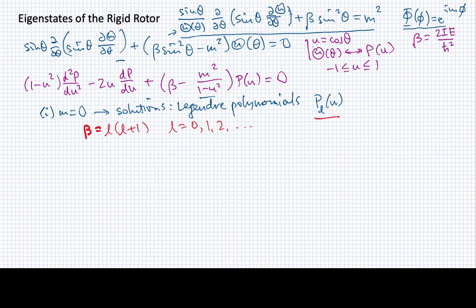These Legendre polynomials with beta equal to this value, with L being these integers, is the solution when m is equal to 0. What about when m is not equal to 0? Well, that clearly would cover a lot of ground too. So when m is not equal to 0, then it turns out the solutions are not the Legendre polynomials, but something called the associated Legendre polynomials.